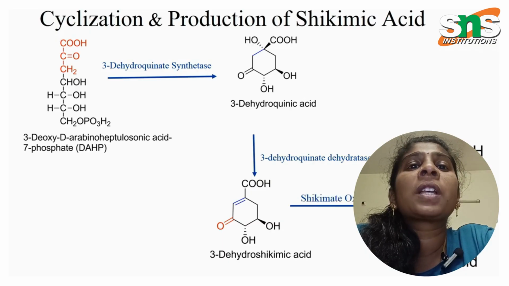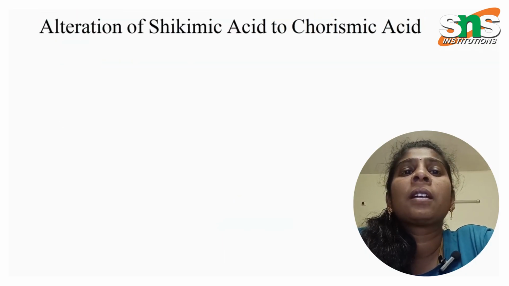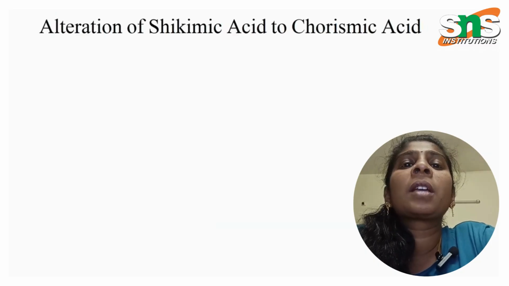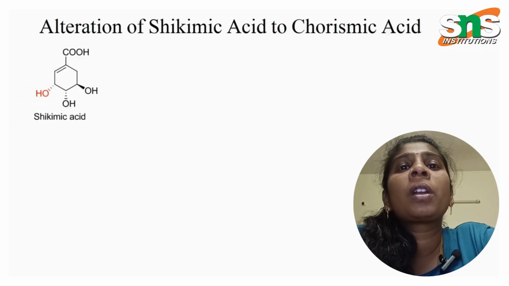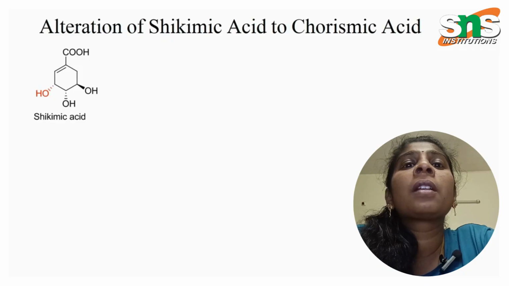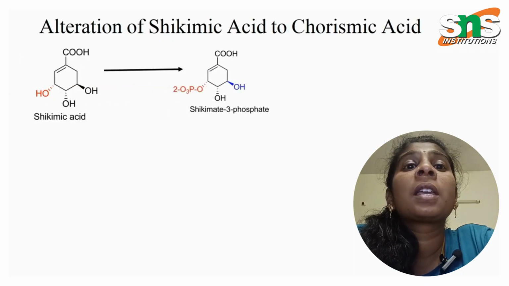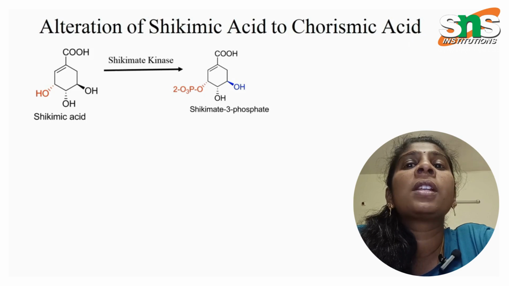Now, alteration of Shikimic acid to chorismic acid. The alteration of Shikimic acid to chorismic acid begins with phosphorylation at the third carbon to give Shikimate 3-phosphate. This phosphorylation occurs in the presence of enzyme called Shikimate kinase.